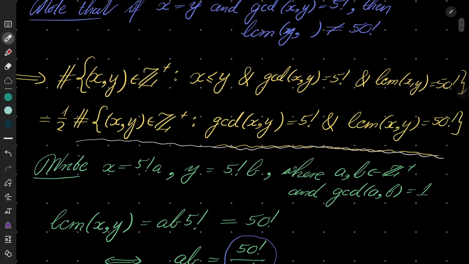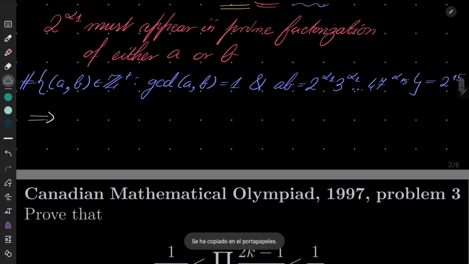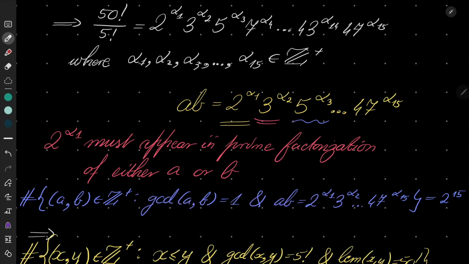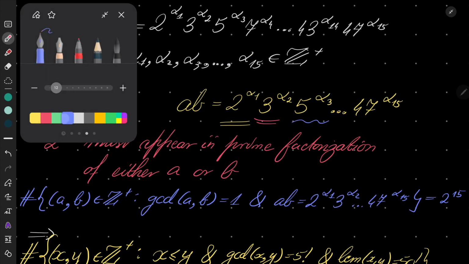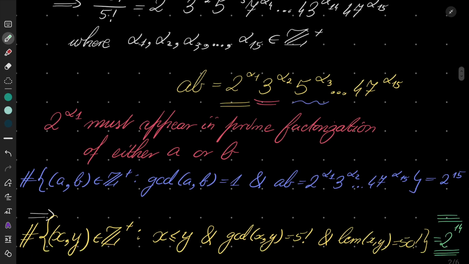And so to find the cardinality of the set which we are interested in, we just have to divide by 2. So the cardinality of this set equals 2 to the power 14. And that is our answer. How many pairs are there? 2 to the power 14. That's how many. Okay, so thank you for watching, and I will see you soon.